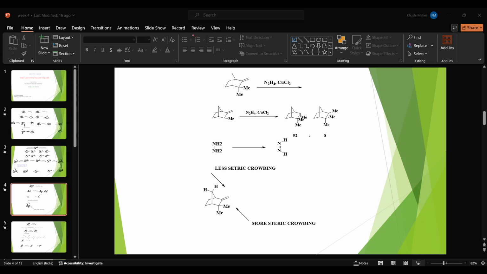Instead of the alkane, the hydride will transfer and the keto group will be removed. The mechanism goes through a cyclic transition state, a 1,3 sigmatropic rearrangement, and we get the corresponding isomeric alkene. In this case we got the more stable alkene; in some cases you will also get the less stable alkene. It will differ.